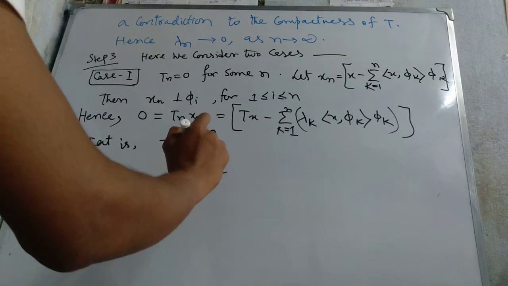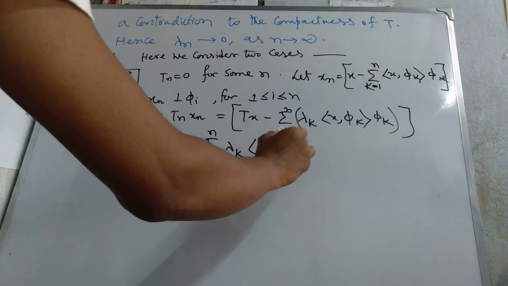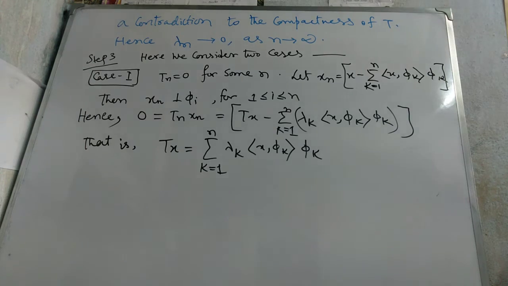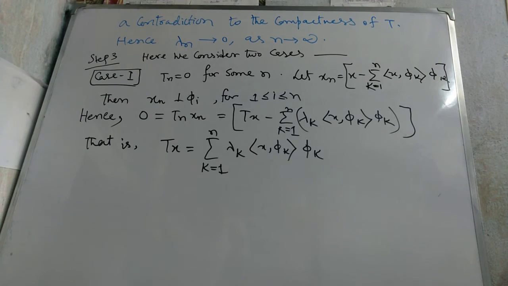Then Tx equals the sum over k equal to 1 to n of lambda k inner product of x with phi k times phi k. So we get this when Tn equal to 0 for some n.